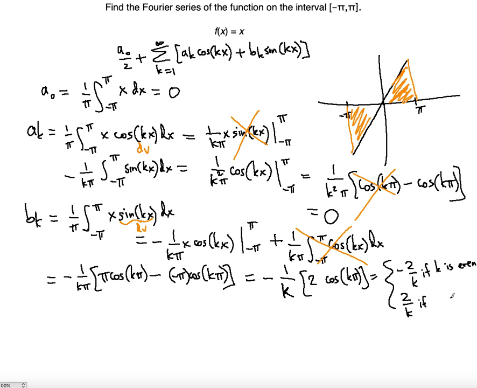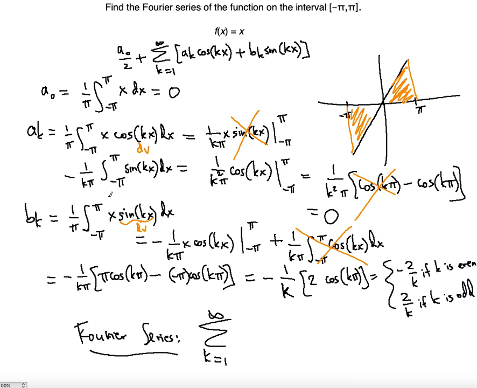Positive 2 over k if k is odd, because if k is 1, cosine pi is negative 1. 2 negatives gives you a plus, 2 over k. So to indicate this, the Fourier series is going to be a subscript 0 over 2, which was 0 we found, so the only thing that is non-zero here is the sum from k equal to 1 to infinity, and we're including all k values, because both are possible.